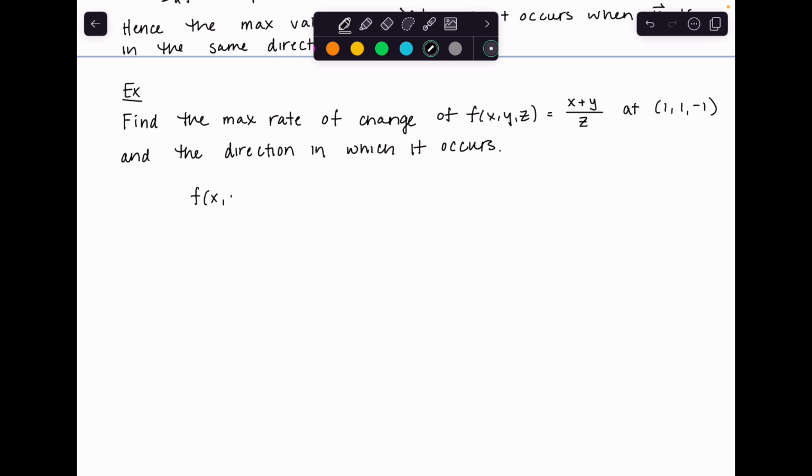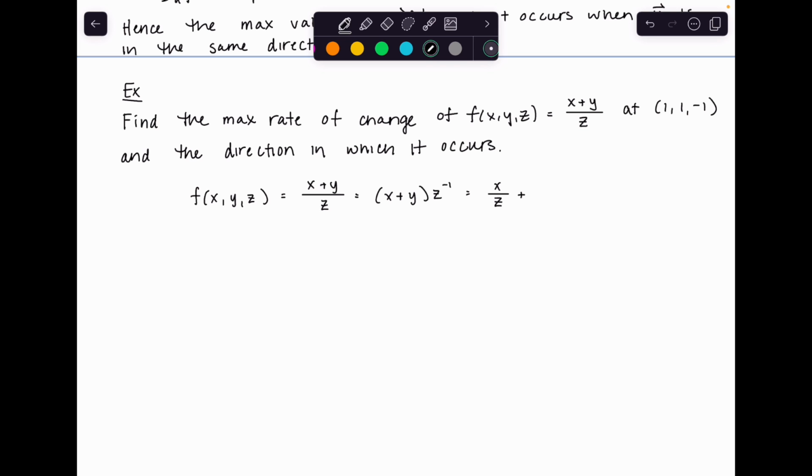But if I've got to take 3 partials, I definitely want to rewrite this a little bit to make my partials easy. So our function is x plus y over z. You can write this as x plus y, z to the negative 1, to make my partial with respect to z easier. And then to take my partials with respect to x and y, let's just go ahead and split that fraction.